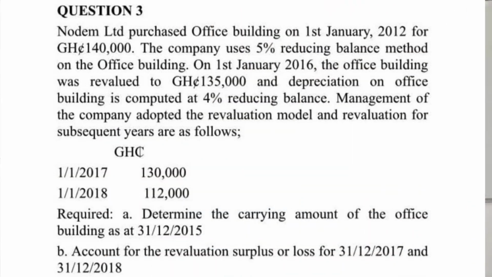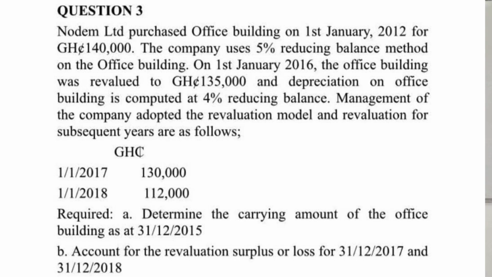Northern Limited purchased an office building on 1st January 2012 for 140,000 Ghana cedis. The company uses 5% reducing balance method on the office building. On 1st January 2016, the office building was revalued to 135,000 Ghana cedis, and depreciation on the office building is computed at 4% reducing balance.